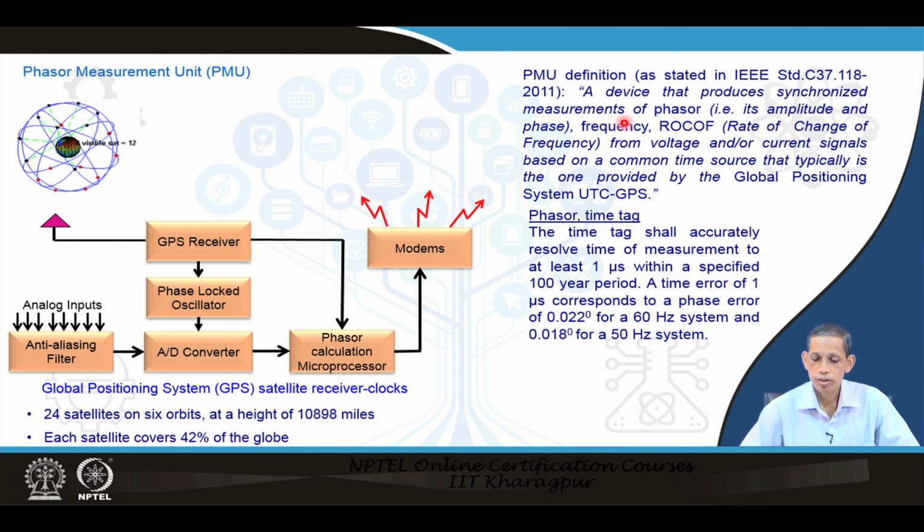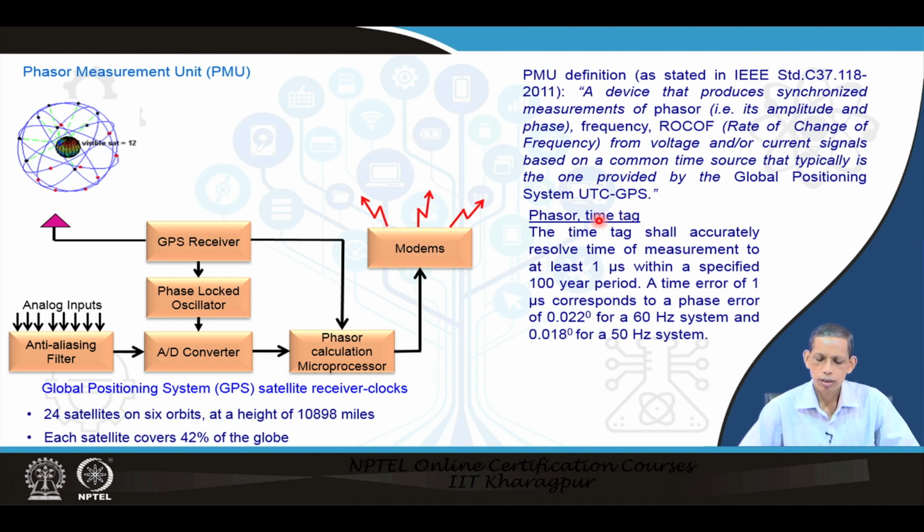A device that produces synchronized measurements of phasor, amplitude and phase, frequency, and rate of change of frequency from voltage and current signals based on a common time source, that typically is the one provided by the GPS based system, which has the UTC as the time reference. This provides the phasor along with the time tagging.